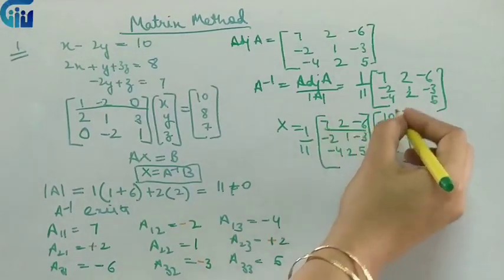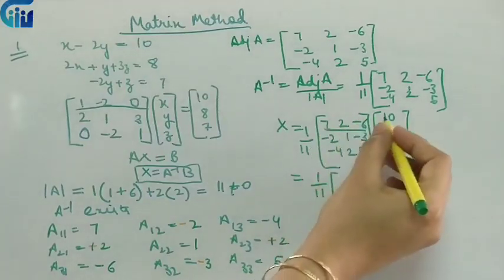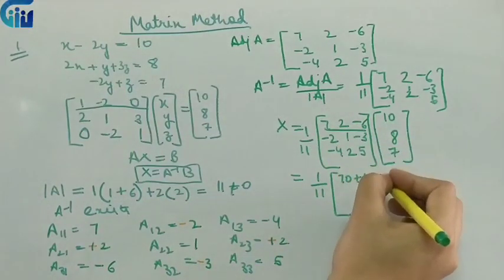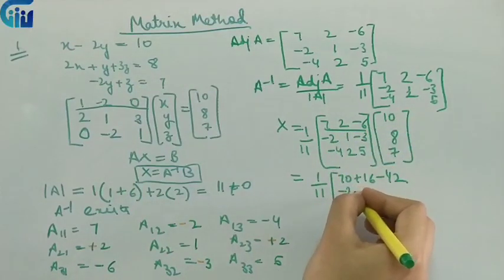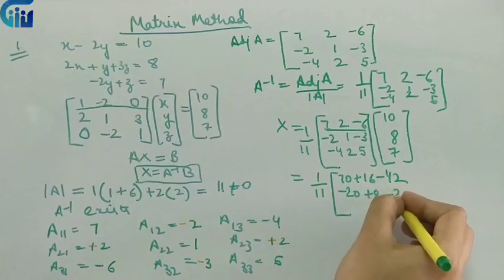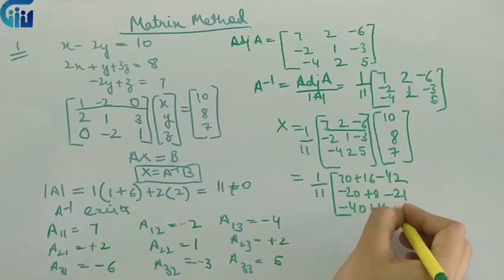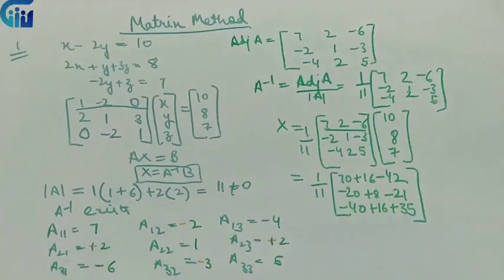How do we multiply? This way. 1 upon 11 will be outside only. So 7 into 10 is 70, plus 8 into 2 is 16, minus 6 into 7 is 42. The same thing: minus 20 plus 8 minus 21, then minus 40 plus 8 into 2 is 16, plus 7 into 5, 35. So it is like this.